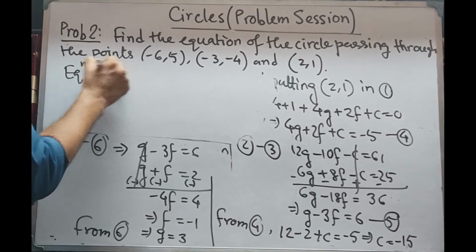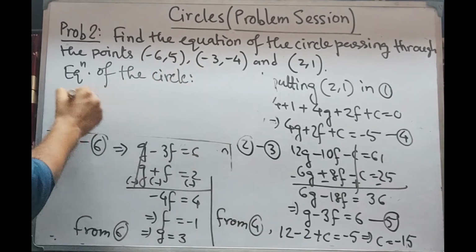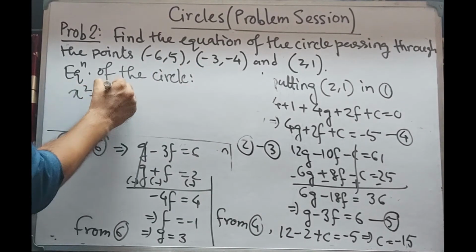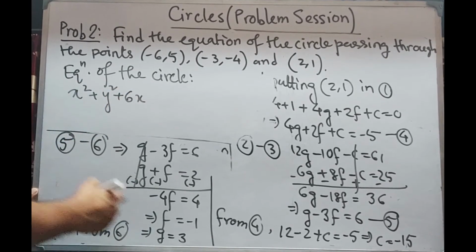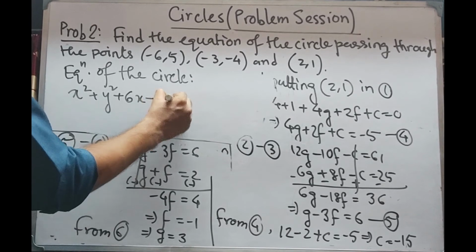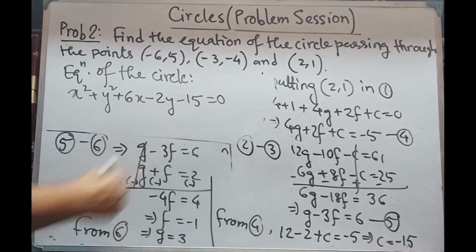Equation of the circle is x square plus y square plus 2gx, so plus 6x, plus 2fy, so minus 2y, plus c, which is minus 15, equals 0.